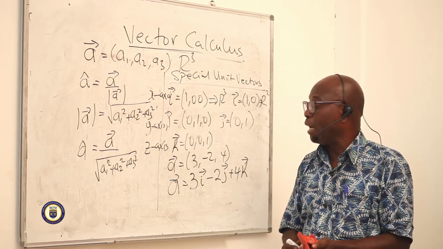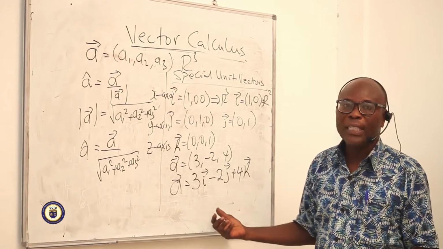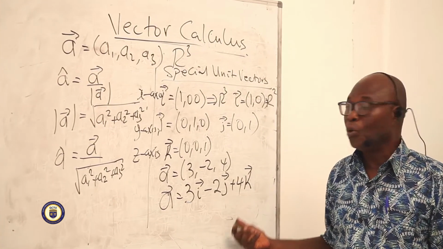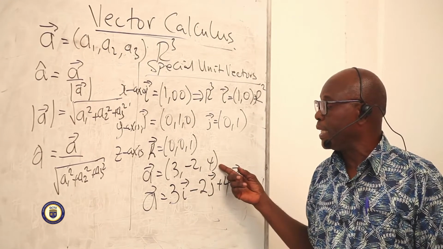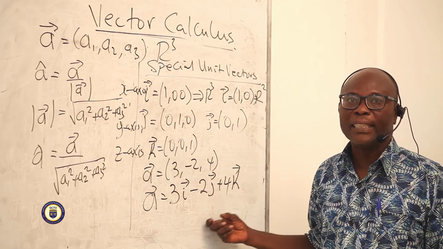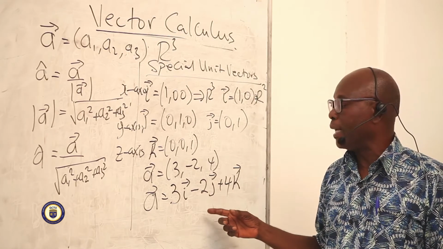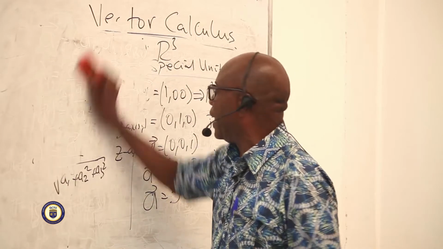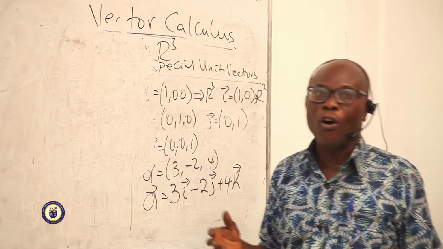So this is another way of representing vectors using the special unit vectors. Any vector can be presented either way; we can represent any vector in terms of either of them.